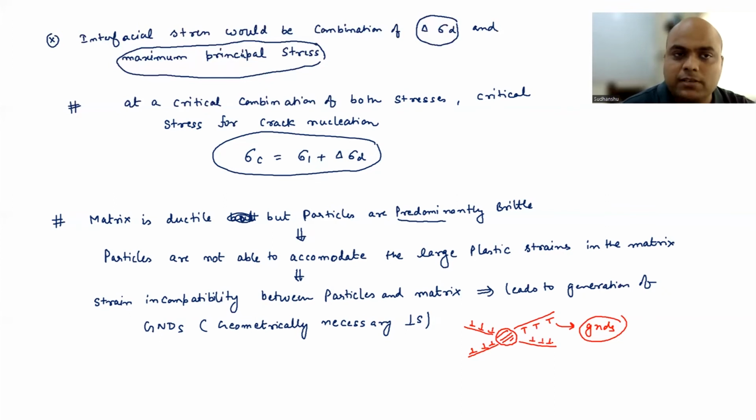So these two models are mostly dealing with the interfacial stress. As soon as the combination of the stresses reaches the critical stress, the interface is going to break. They don't talk about the particle fracture. And in fact, the continuum model doesn't talk at all about the size of the particle. At least the other one talks about the size of the particle. Okay, so there are some lacunae in these two models.